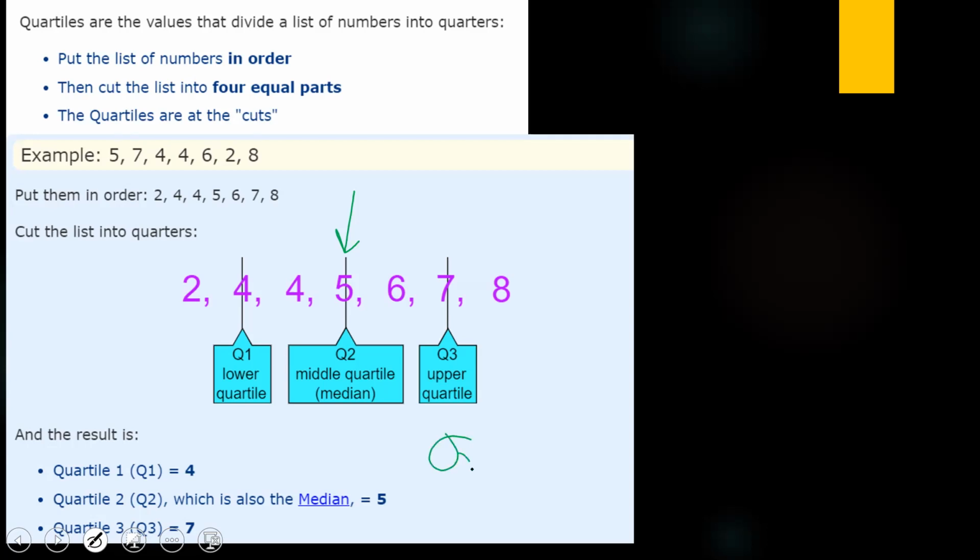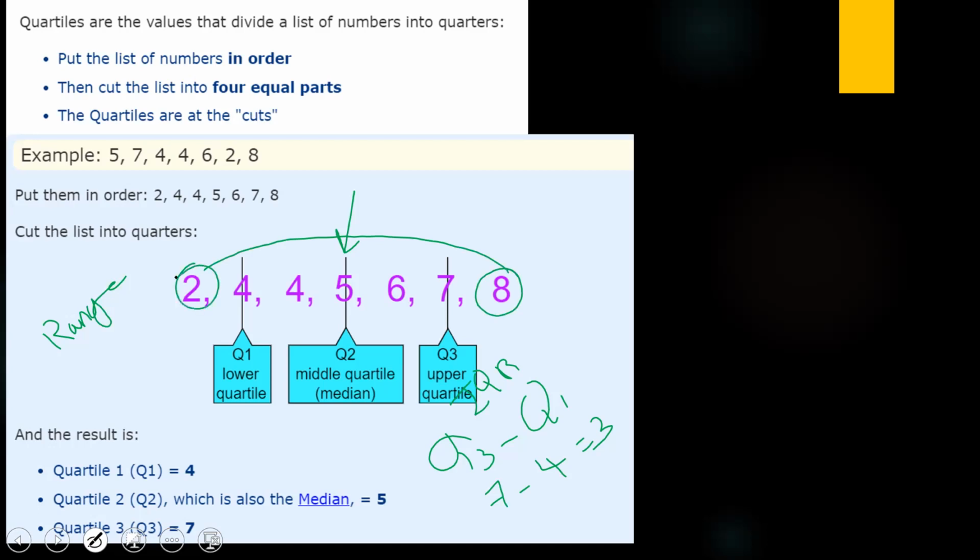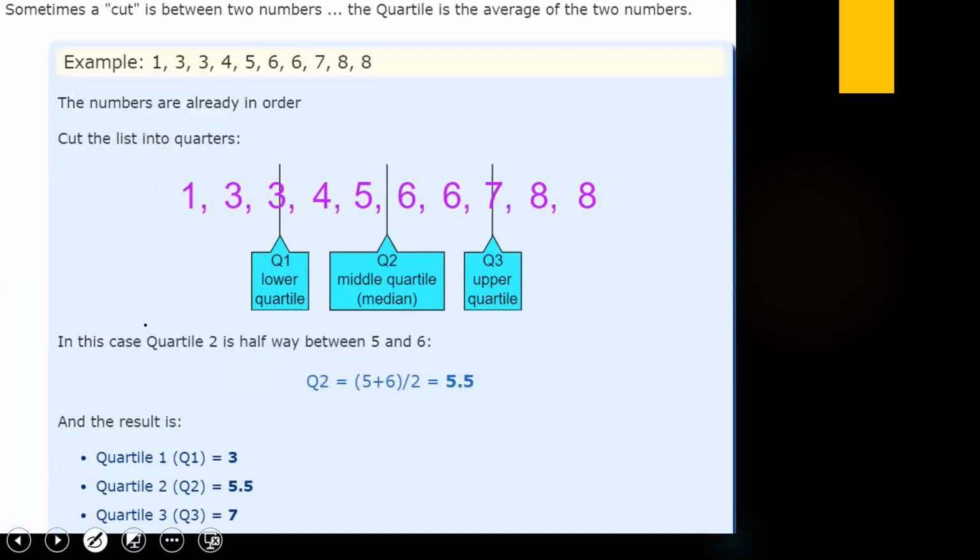It will be Q3 minus Q1, which means 7 minus 4 equals 3. This is the IQR. What about the range? It is 8 minus 2, which is 6. This is how we can find the range and the IQR.